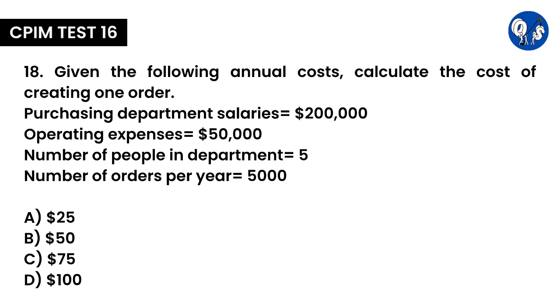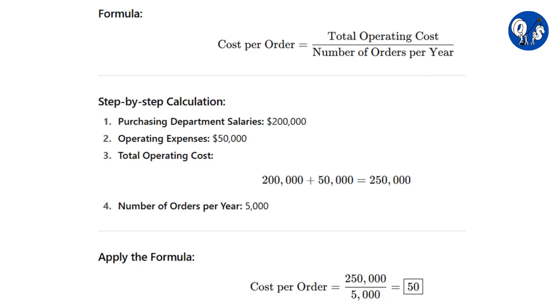Here the correct answer is B. The cost of placing an order is found by dividing the total cost to operate the department by the number of orders placed. In this example, $200,000 plus $50,000 divided by 5,000 orders is equal to $50. You can see the formula on the screen, which is quite simple and self-explanatory.